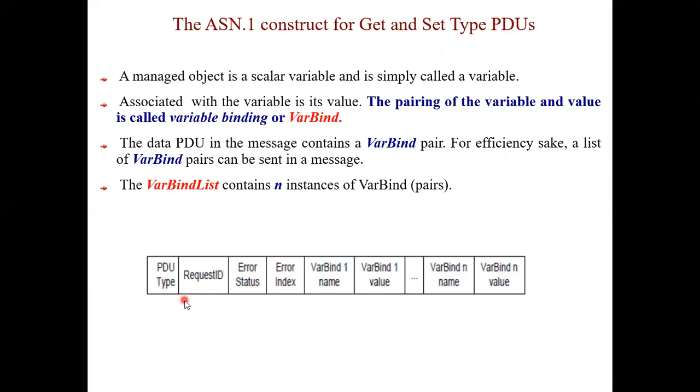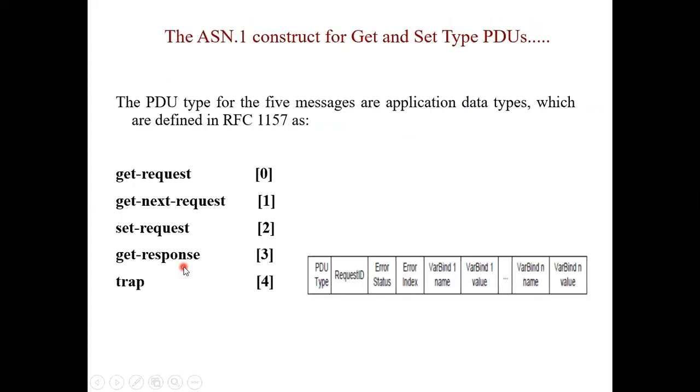Now what will be the PDU type? So we have seen there are 5 types of PDU: get request, get next request, set request, get response, trap. So when I have the first field as PDU type, suppose I fill in 2 over here. यहाँ पे field में मैंने 2 डाला. So 2 means it is a set request. Suppose I put over here 4. So 4 means जो message or data में encapsulate करके भेज रही हूँ, it is the trap PDU.